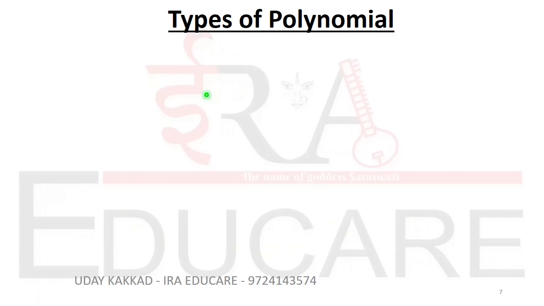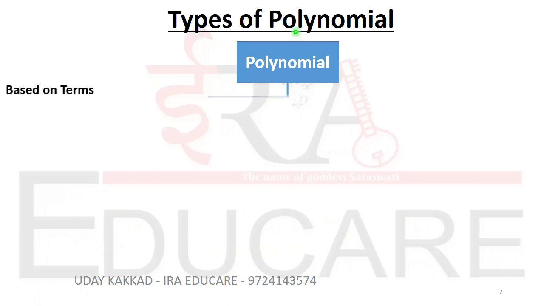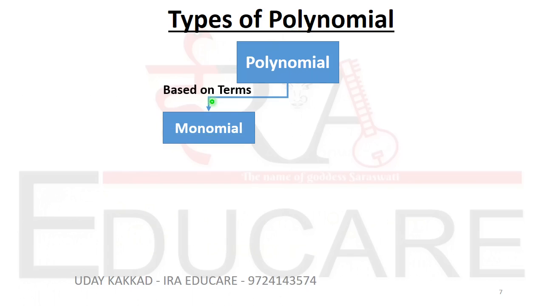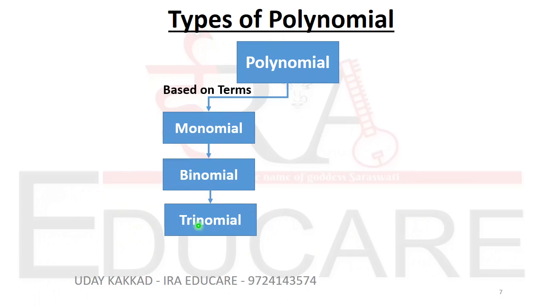Now there are many types of polynomials based on terms. Using the number of terms, there are three types of polynomial: monomial, binomial, and trinomial. Mono means 1, bi means 2, and tri means 3. So I'll give you some examples.